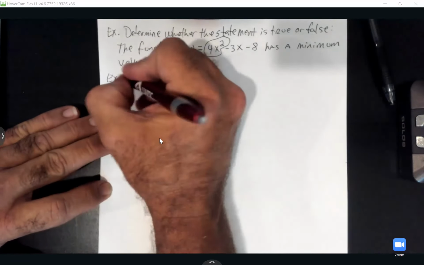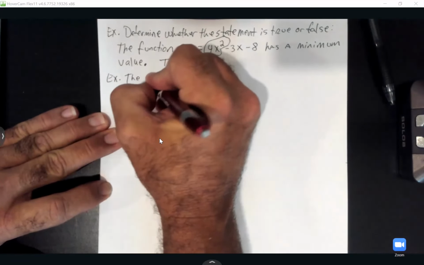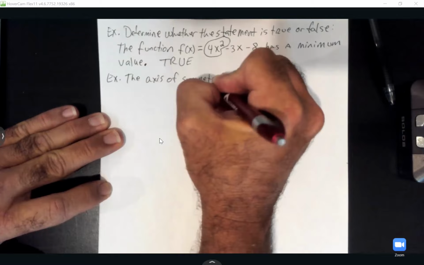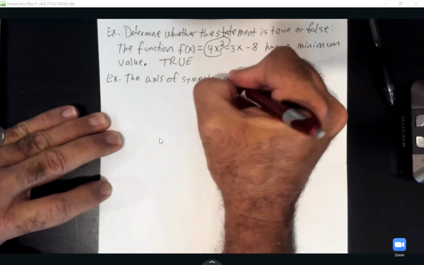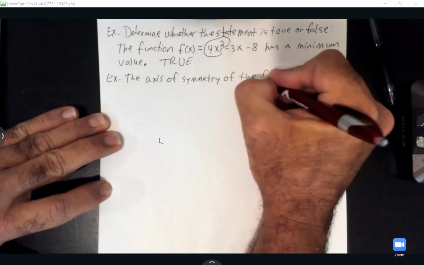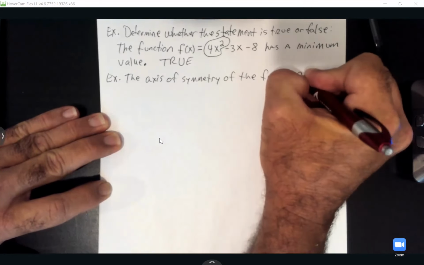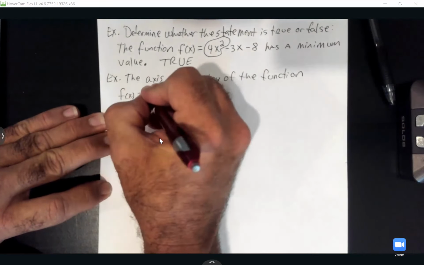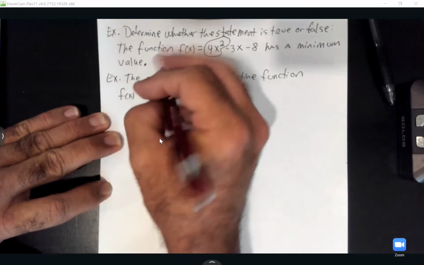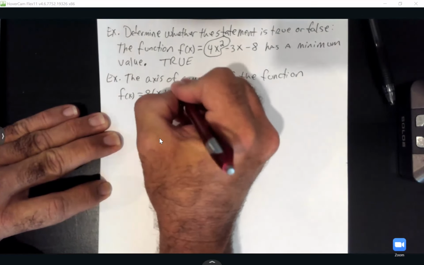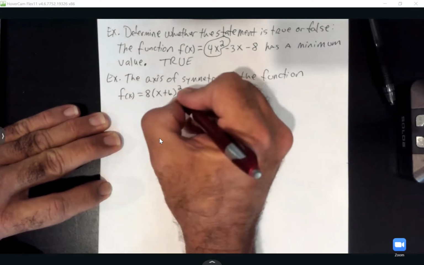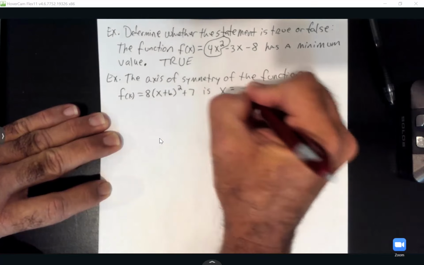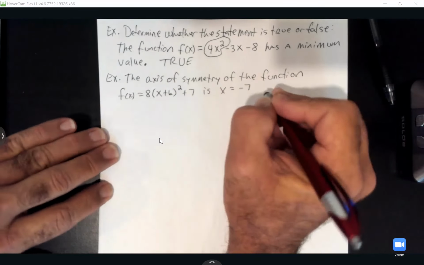This one says the axis of symmetry of the function f of x equals 8 times x plus 6 squared plus 7 is x equals negative 7.